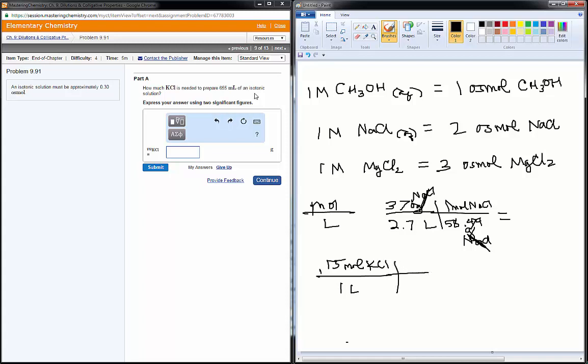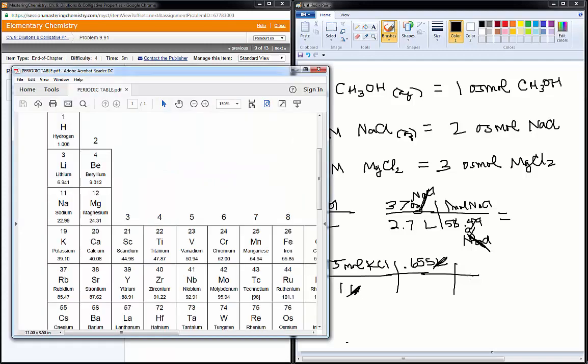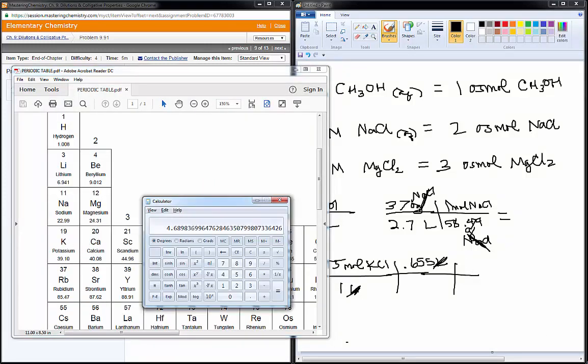And they're telling me I need 655 milliliters or 0.655 liters of that solution. So that's the number of moles of KCl I'm going to need. And now they want grams, so I'm going to pull up my trusty periodic table. And potassium is 39.1. And chloride is 35.45, so a mass of 74.55 grams per mole.